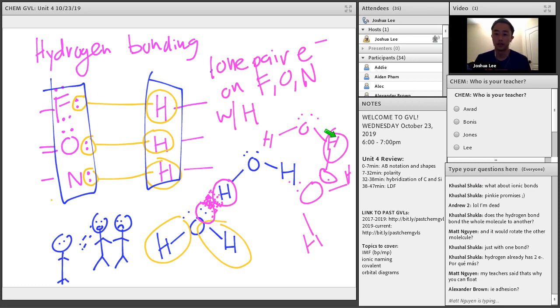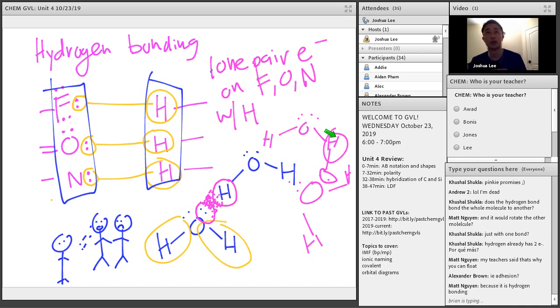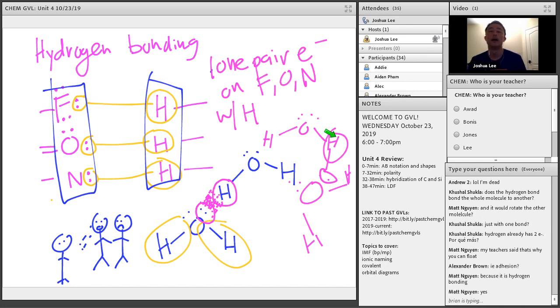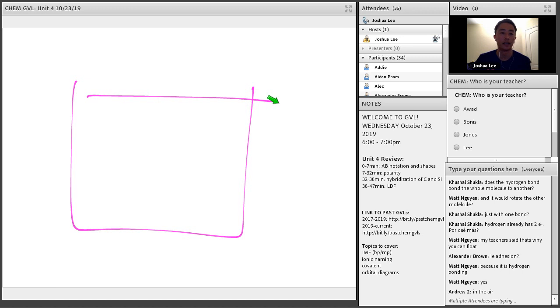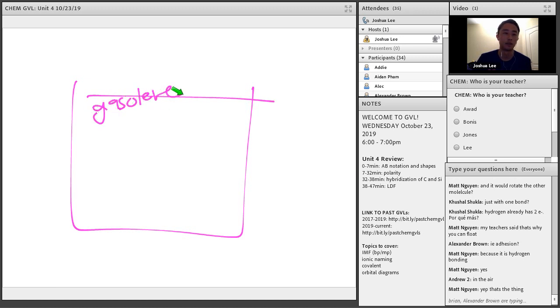Teacher says that's why you can float. Like float in water? Oh. So if you fell into a vat of gasoline, you would sink straight down to the bottom.